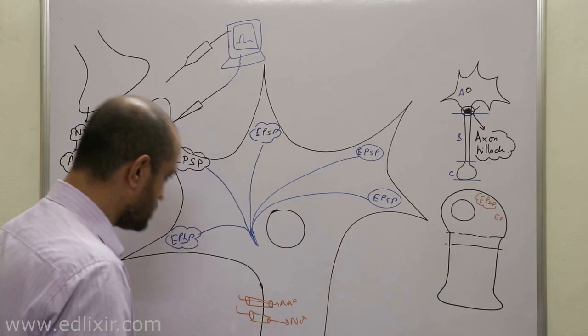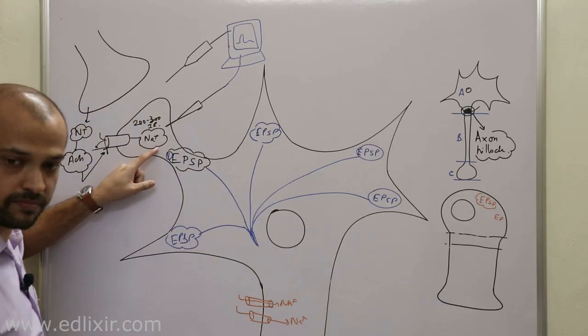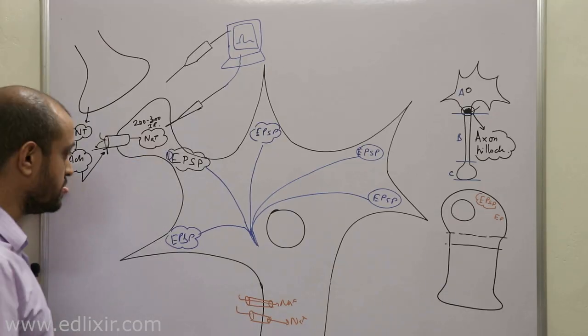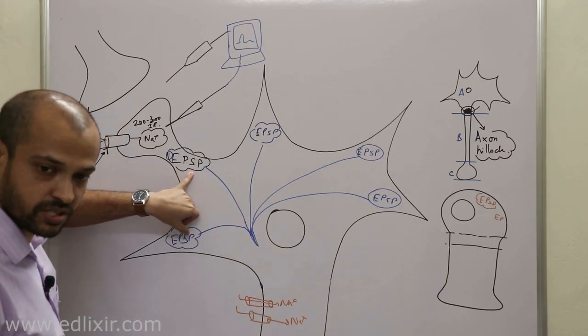Now, EPSP is caused by sudden entrance of sodium due to the binding of neurotransmitter, in this case acetylcholine. Whenever sodium enters here, EPSP, or excitatory postsynaptic potentials, are produced.